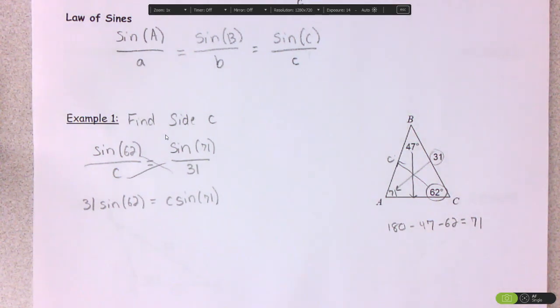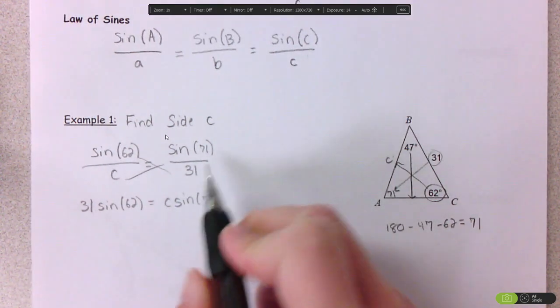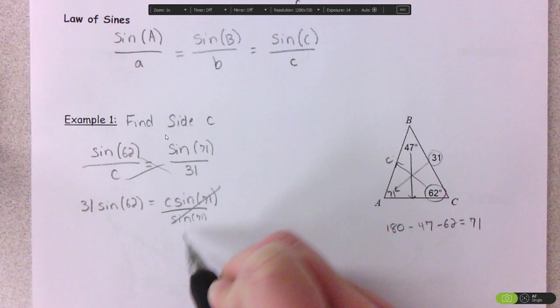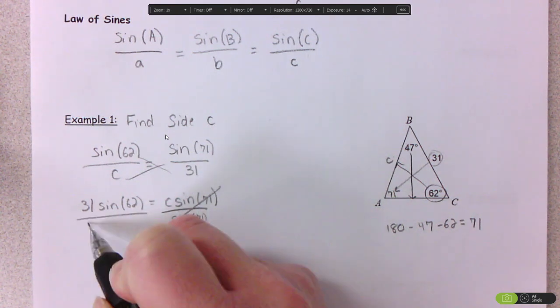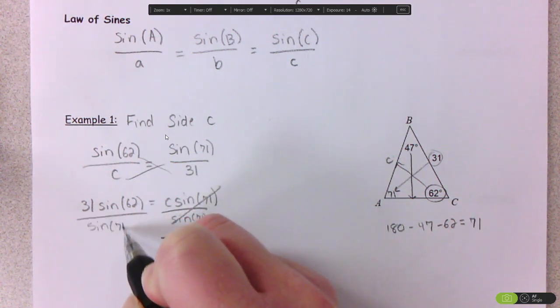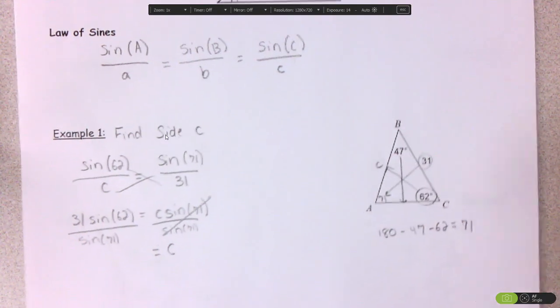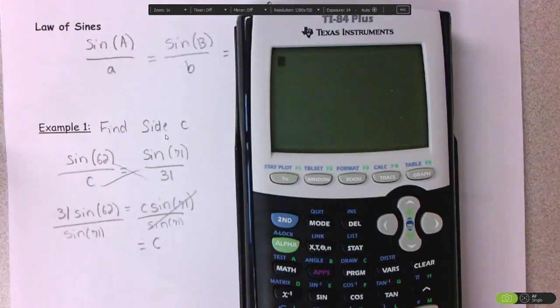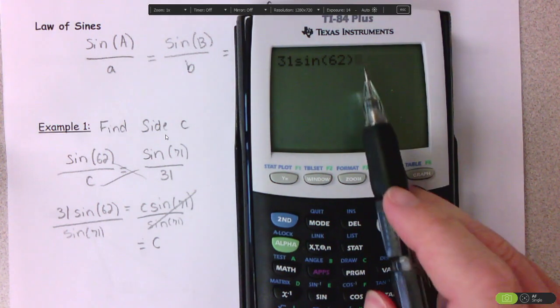I'm trying to solve for C. Sine of 71 is just some kind of a number, so I just divide by sine of 71. Those cancel out, leaving me with C. Do the same thing over here. And then we need to type that in the calculator. So we have 31 times sine of 62. Make sure you're closing that parenthesis.